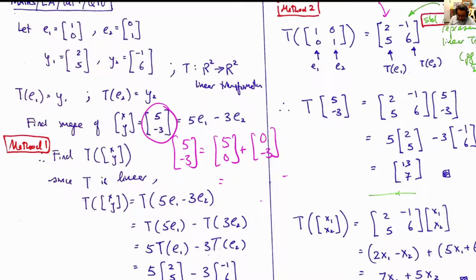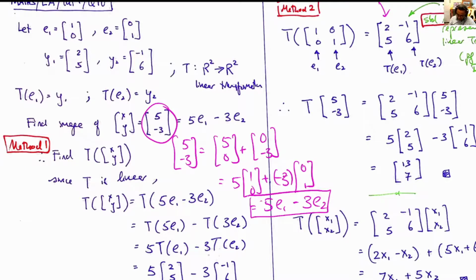But this also means 5 times (1, 0) plus minus 3 times (0, 1). This also means 5 E1 minus 3 E2. So we have just represented (5, minus 3) in terms of the standard basis E1 and E2.